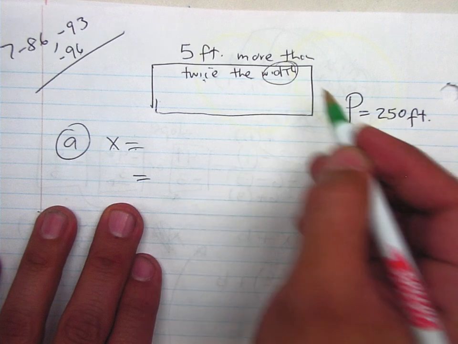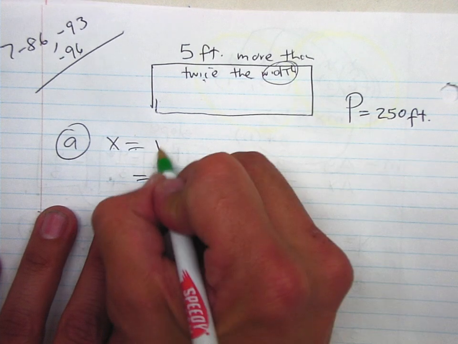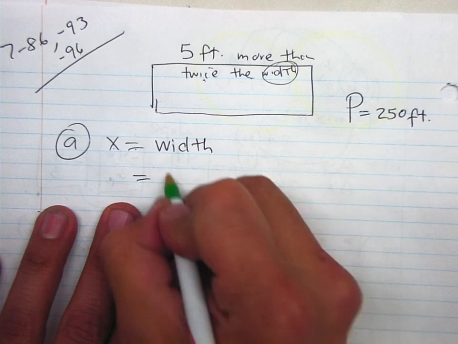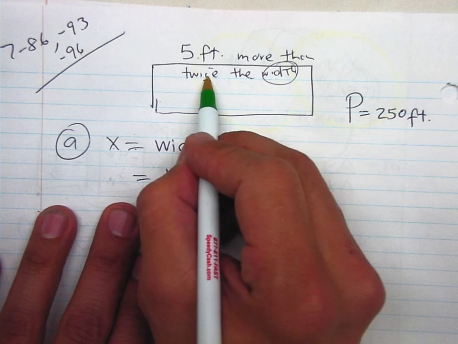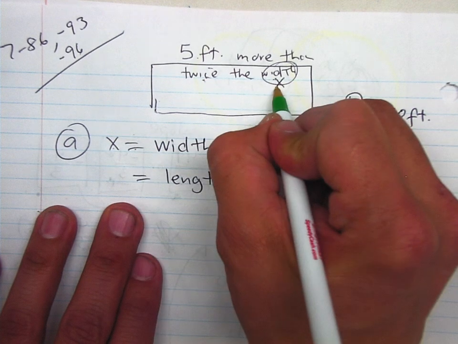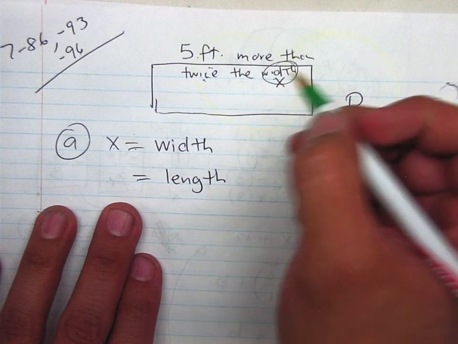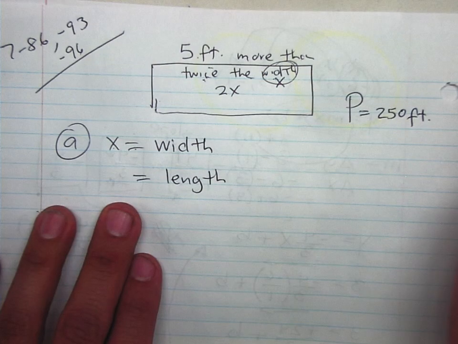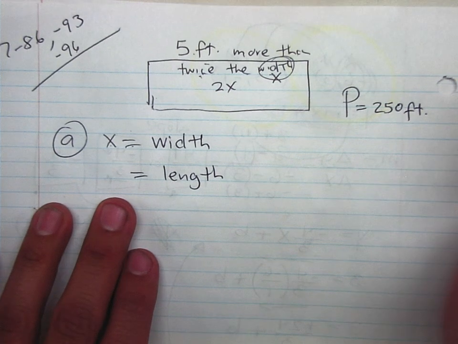So if this is X, what's twice the width? 2X. And if you remember from last year, 7th grade, 5 more than twice the width is written 2 times X plus 5. So that's my length, 2X plus 5.